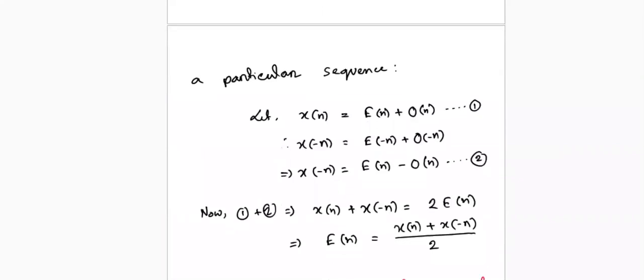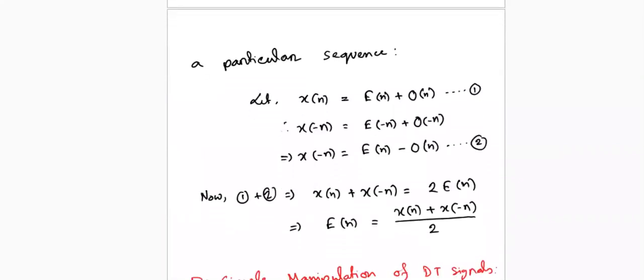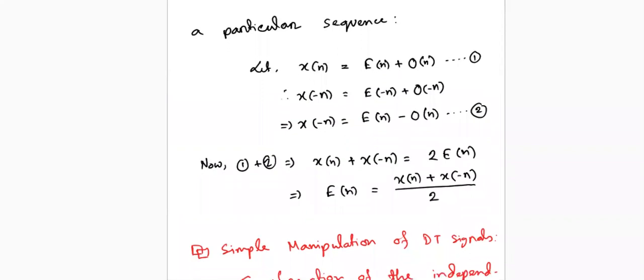Okay, how can we represent a particular sequence with even symmetry and odd symmetry? Let's think in this way. You have a signal x of n, an arbitrary signal, any sort of combination of signals. Let's think that it is a combination of an even symmetry part and an odd symmetry part. Now x of minus n equals E of minus n plus O of minus n.